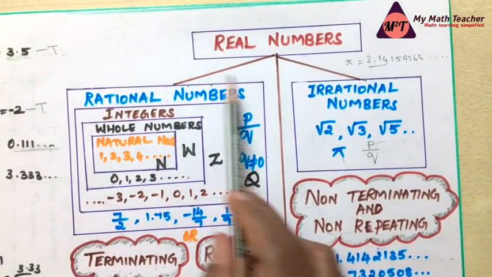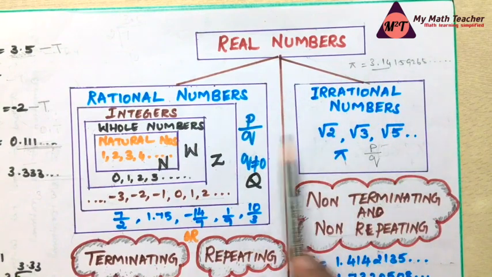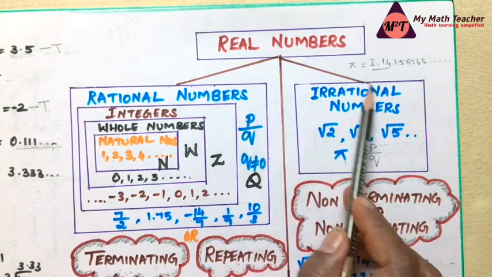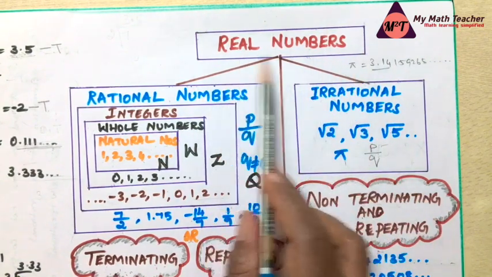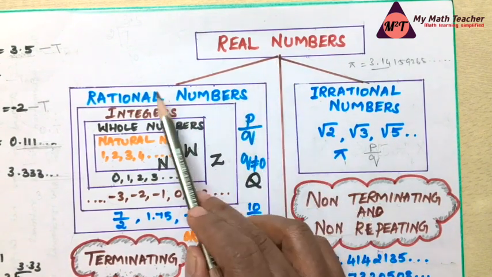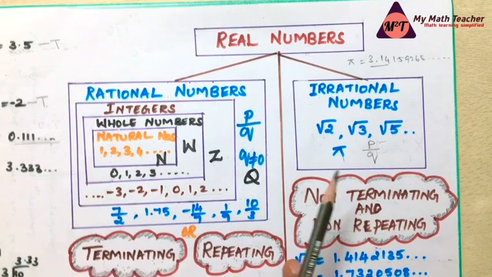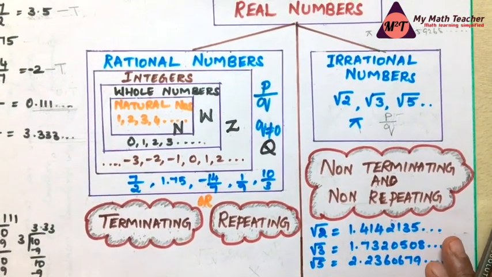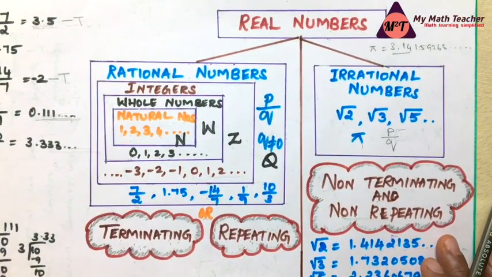Now rational numbers and irrational numbers, both together we call them real numbers. That is, in short, real numbers can be classified as rational and irrational numbers. With all this information, let us start solving the first sum.